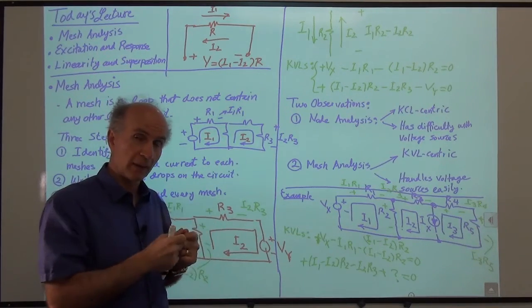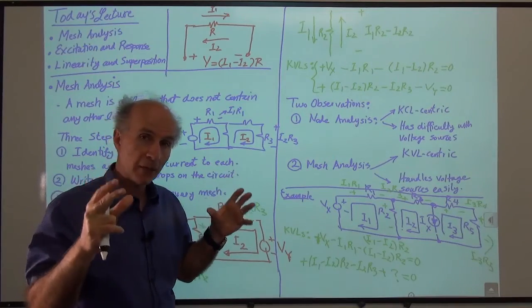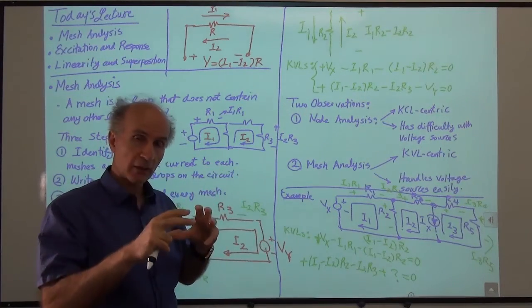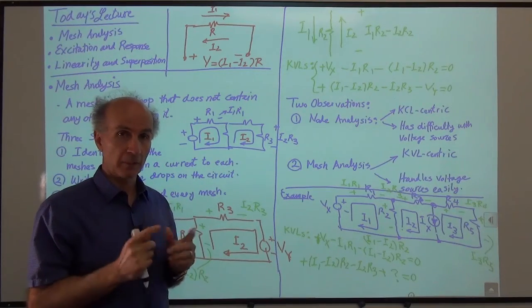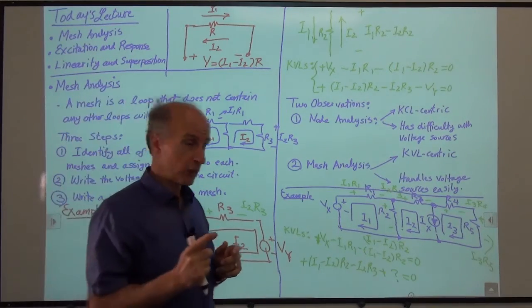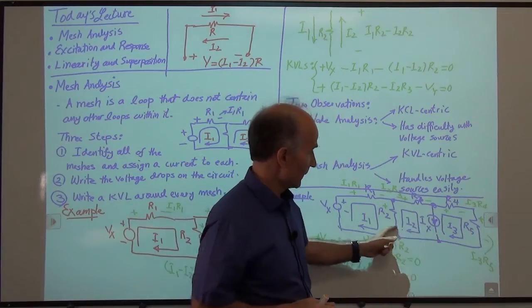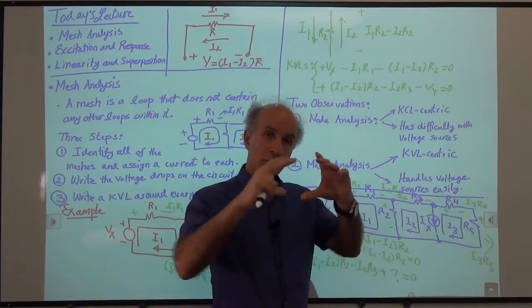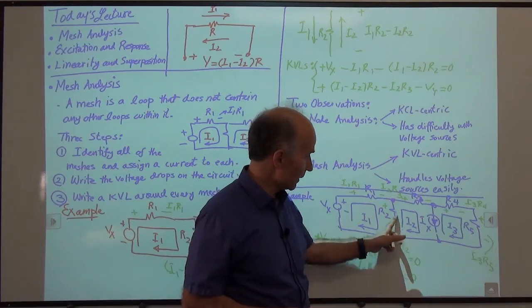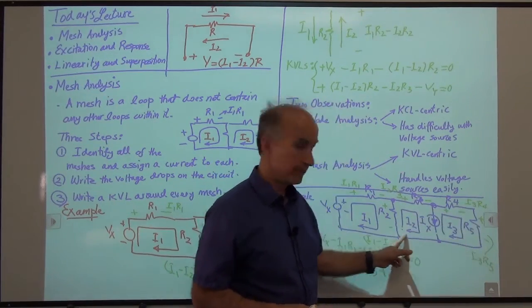Here, by duality, we merge the two meshes that share the current source into a super mesh. I repeat, we merge the two meshes, this mesh and this mesh, that share the current source into one super mesh. So the super mesh would be this mesh here.